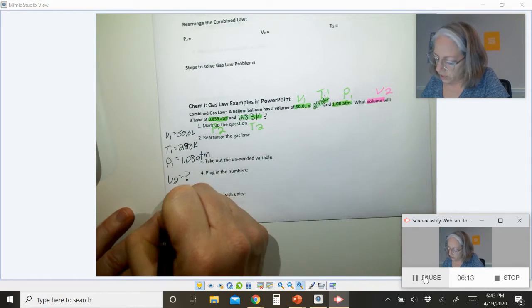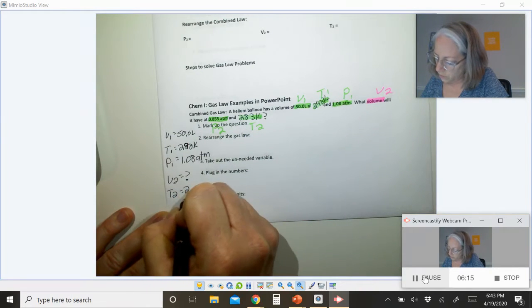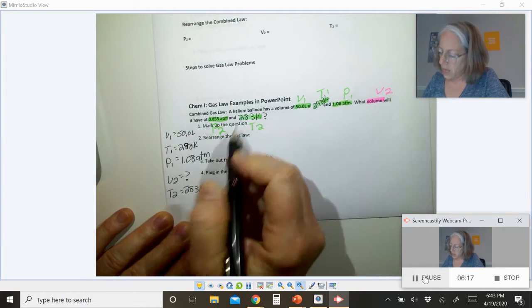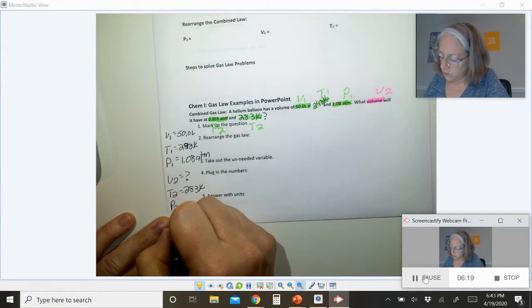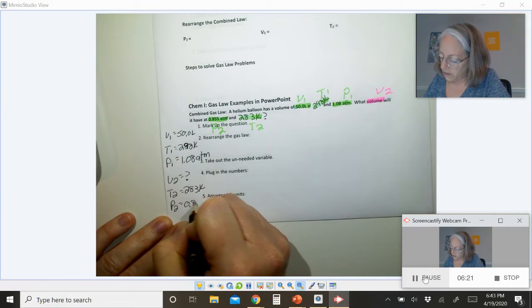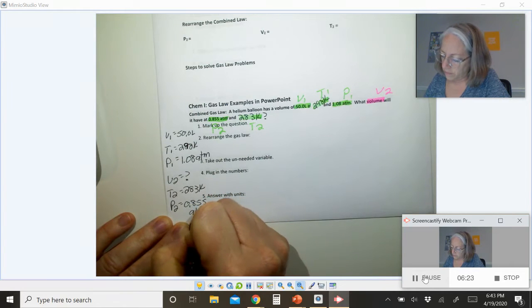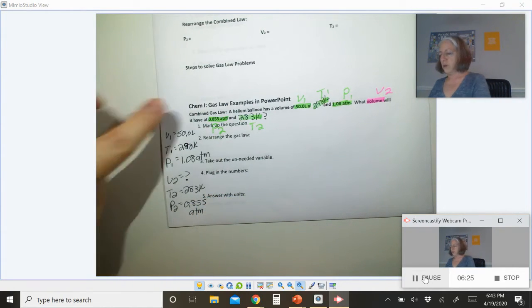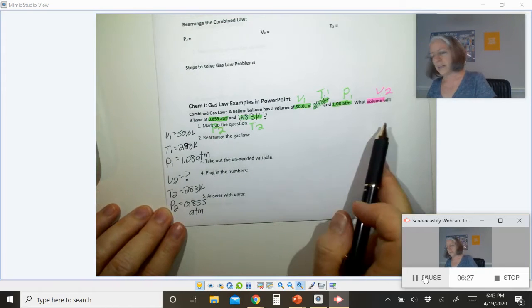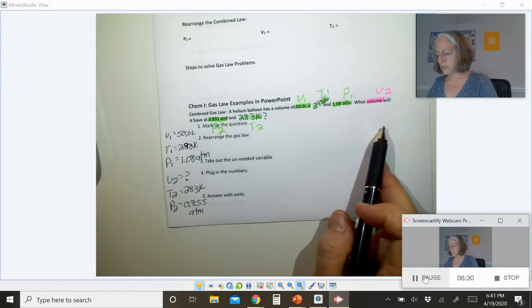T2 is 283 Kelvin, and P2 is 0.855 ATM. So we have it all listed, or you have it all highlighted, whichever format you're using.